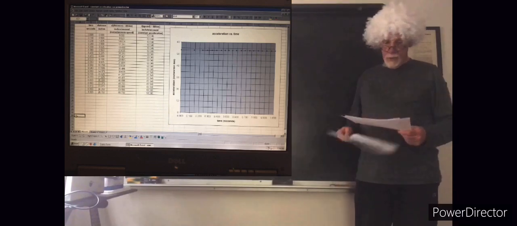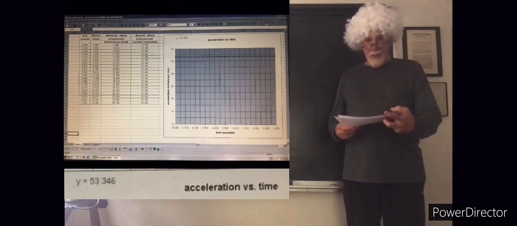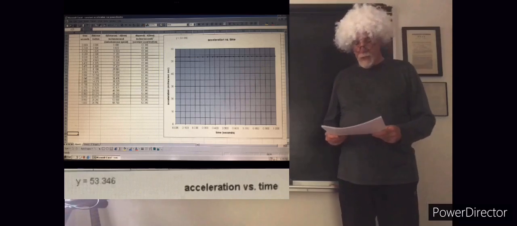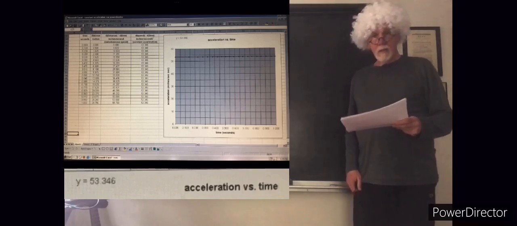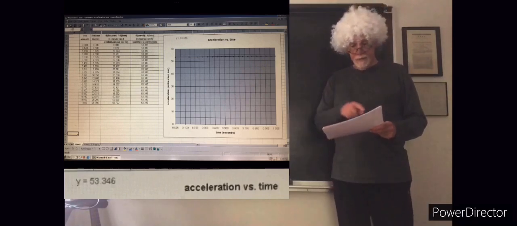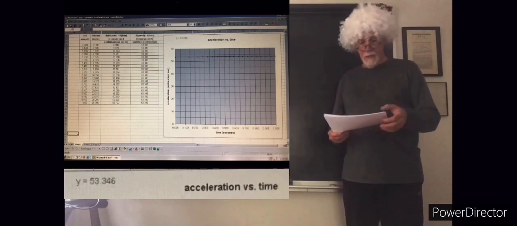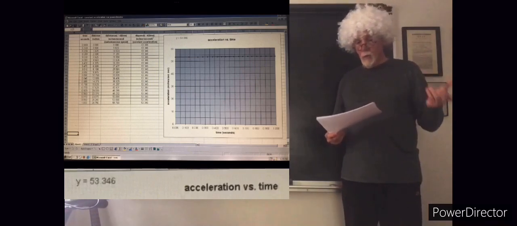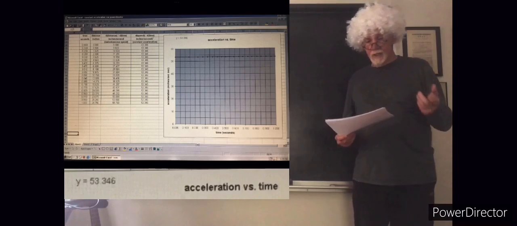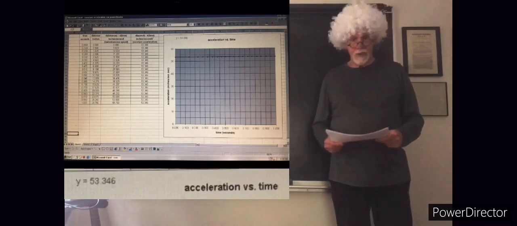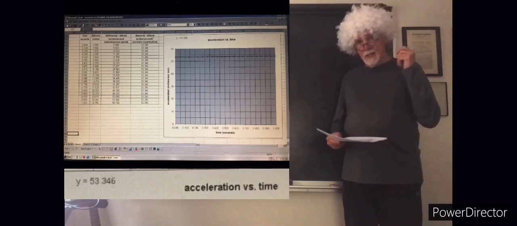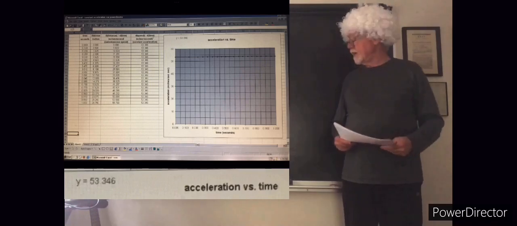And the next one is the Excel determined value of that straight line, and you can see simply y is equal to a constant, in this case 53.346, and that is inches per second squared.